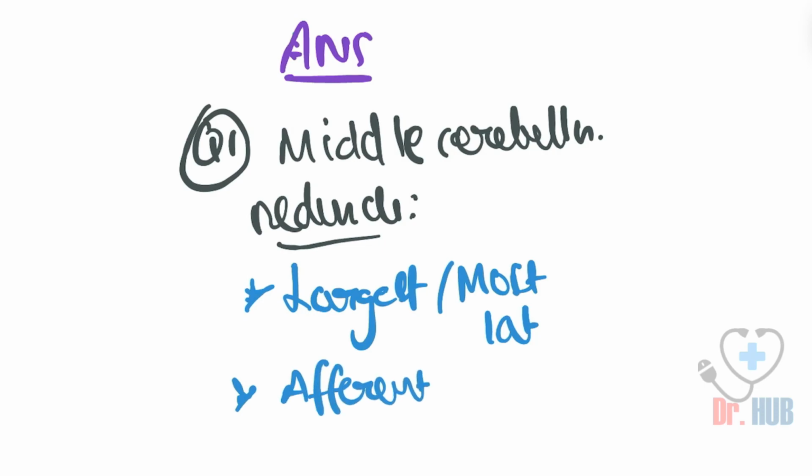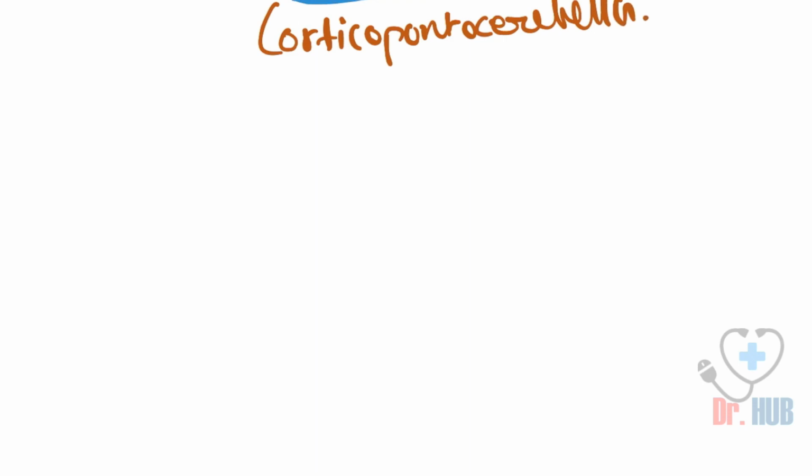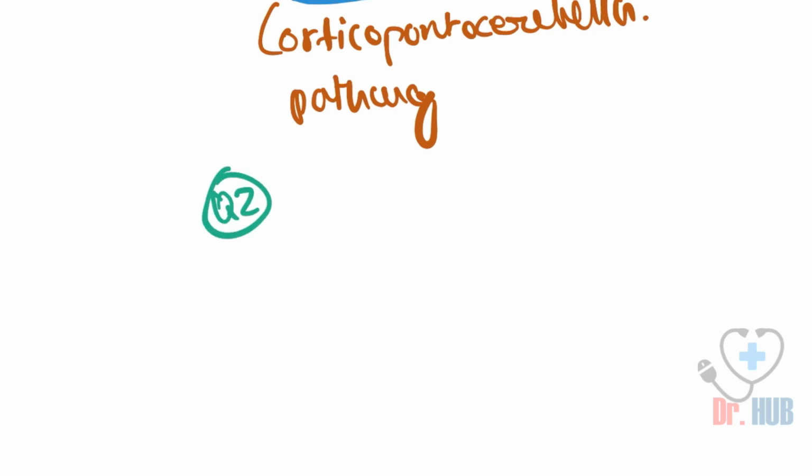The question we asked was, what is the afferent? So here is the answer: it is the corticopontocerebellar pathway. Then the next question was about the inferior cerebellar peduncle.